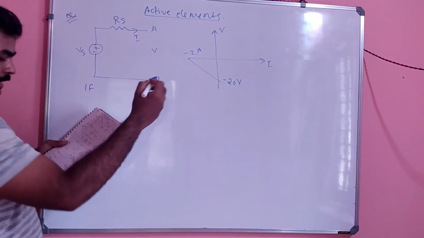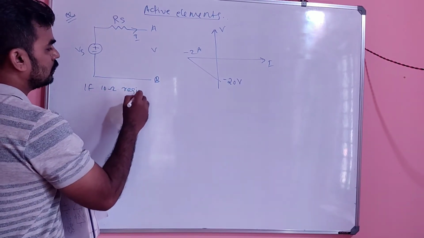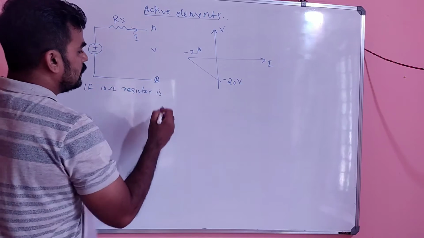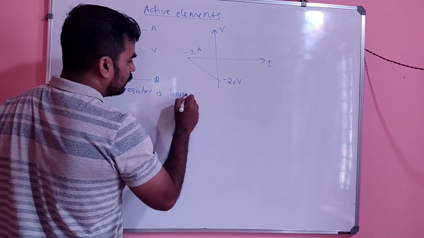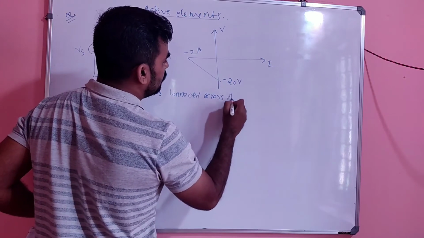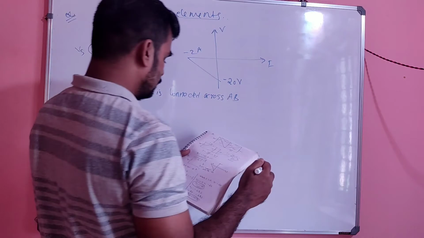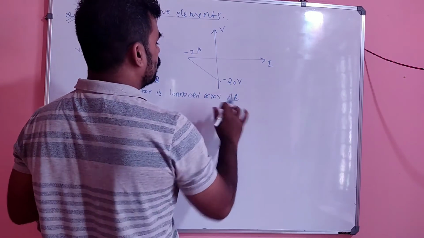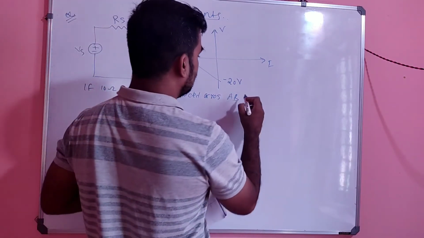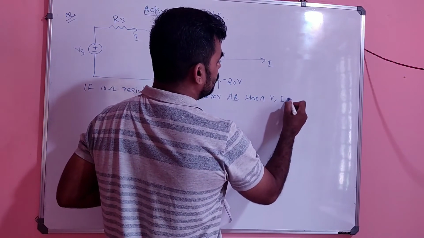If a 10 ohm resistor is connected across AB, then what is the value of V and I?